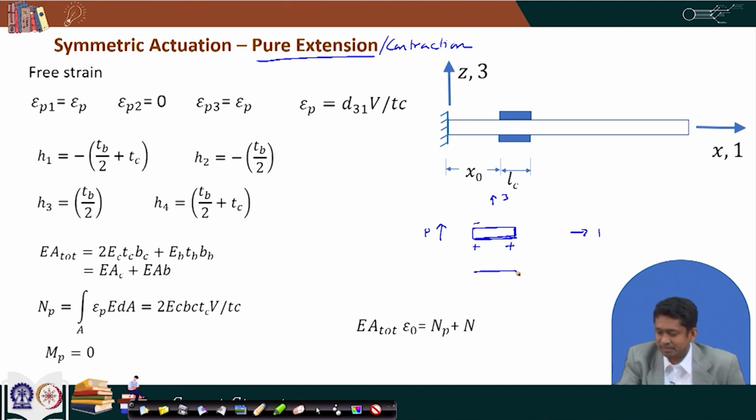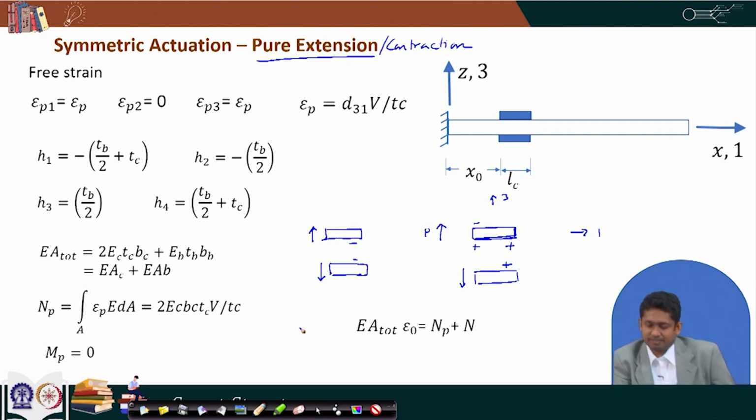If it is reverse, for example, if it is polarized in this direction, then this is our positive voltage. On the other hand, if it is polarized in this direction and if this side is negative, then it is a negative voltage, or if it is polarized in this direction and if this side is negative, then it is a negative voltage.